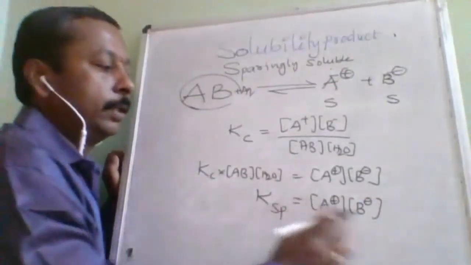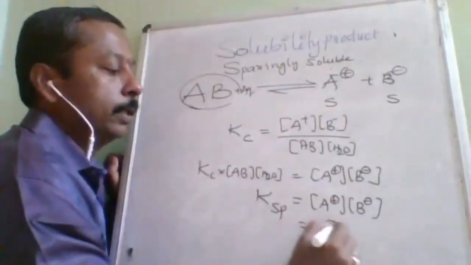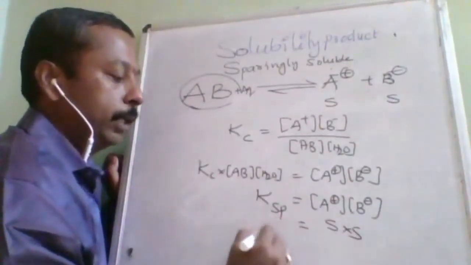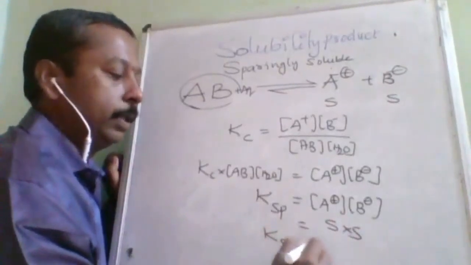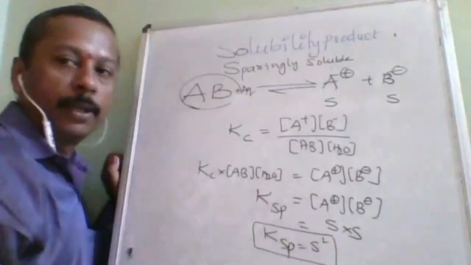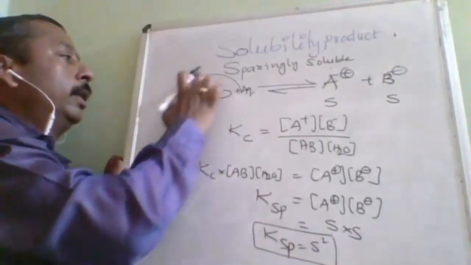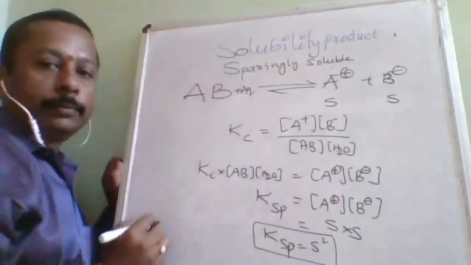So this is A plus and B minus. Here their solubility is S and S. That means Ksp is equal to S square, and it is applicable only for salts whose stoichiometry is of the form AB.